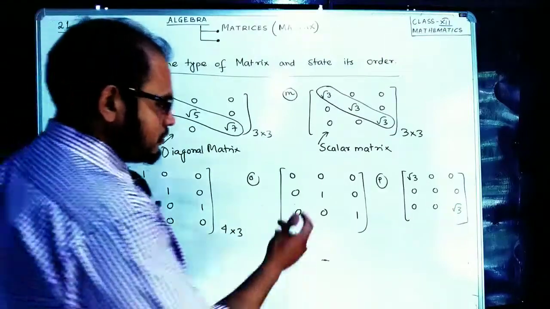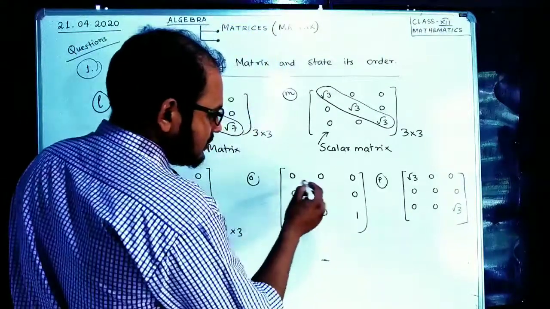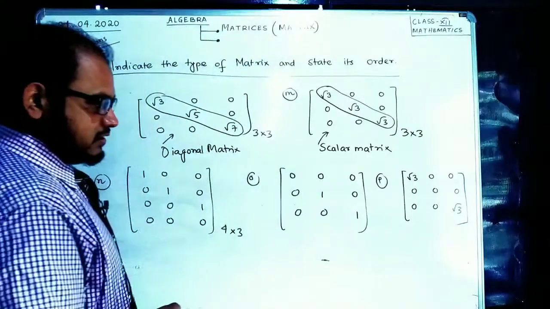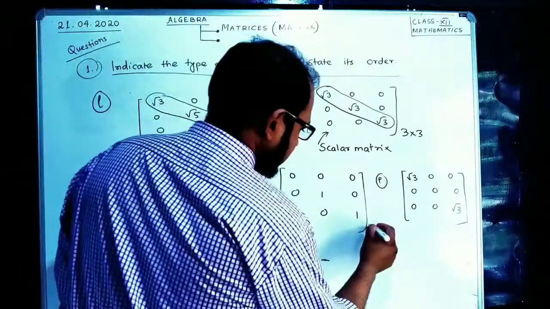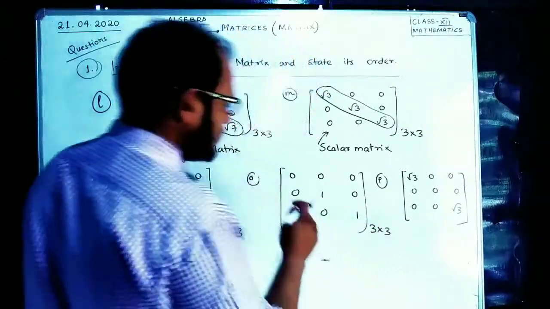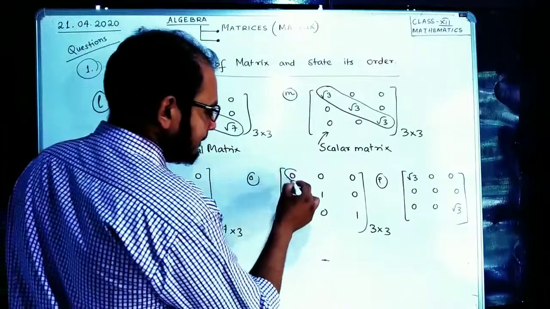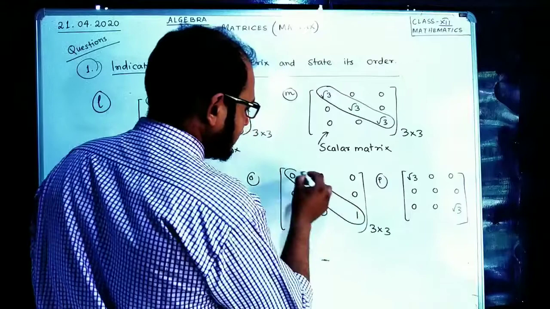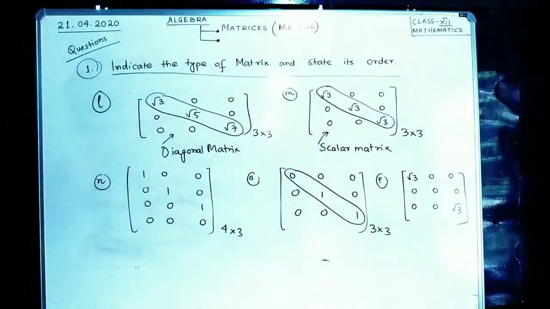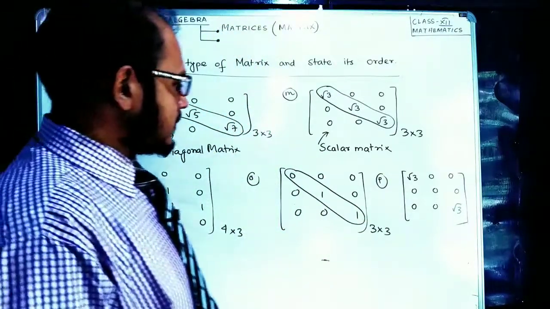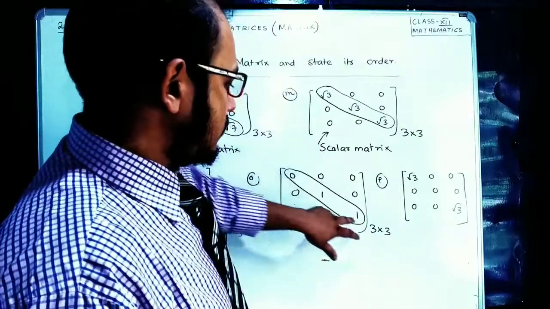What about this one? So first of all, we must recognize that it is a square matrix. So square matrix of order 3 by 3, 3 rows and 3 columns. What about its diagonal? It has a diagonal, and only the diagonal exists.